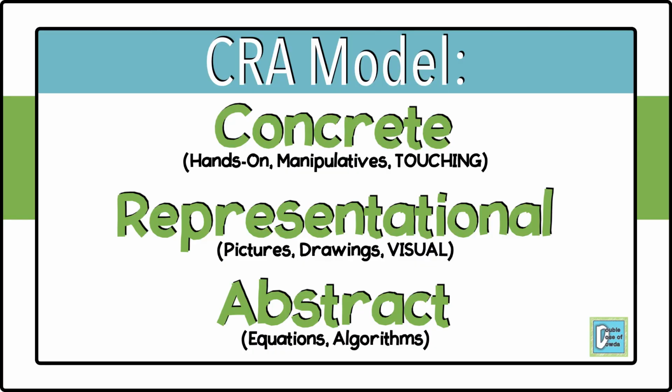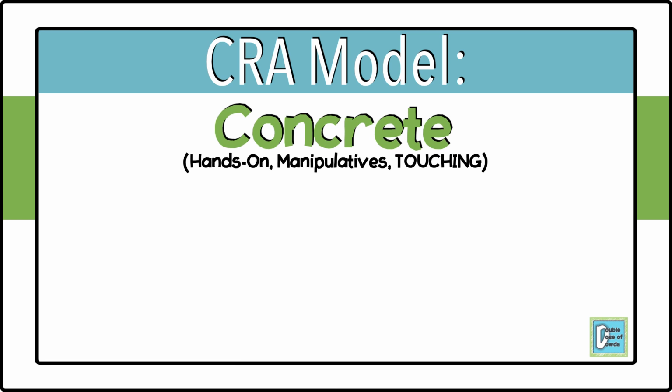When we're introducing this to students, we want to take a research-based approach. And the best approach for teaching mathematics to students is the CRA method. Now, the CRA method is the concrete, representational, abstract model. For concrete, that means we are giving students opportunities to get their hands on something.